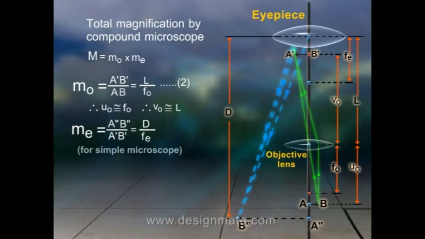Now the eyepiece lens is acting as a simple microscope, so the magnification obtained by the eyepiece lens is given by ME is equal to D upon FE. Using the equations for MO and ME, the total magnification by the compound microscope is given by M is equal to L upon FO into D upon FE.